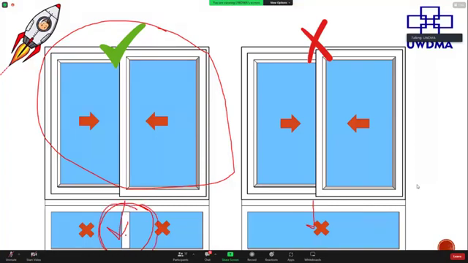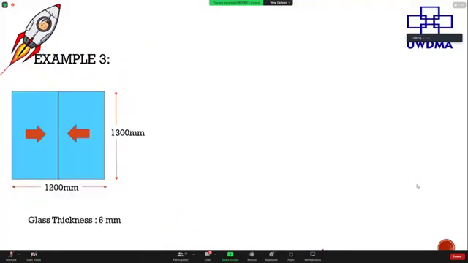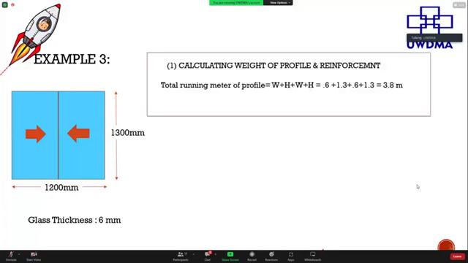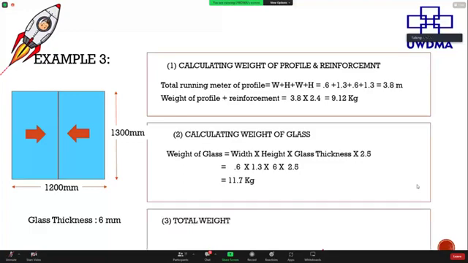It gives support and stability to your window above. So whenever you are giving a top bottom fix, please give a mullion at the center, which can take the load of your window above.